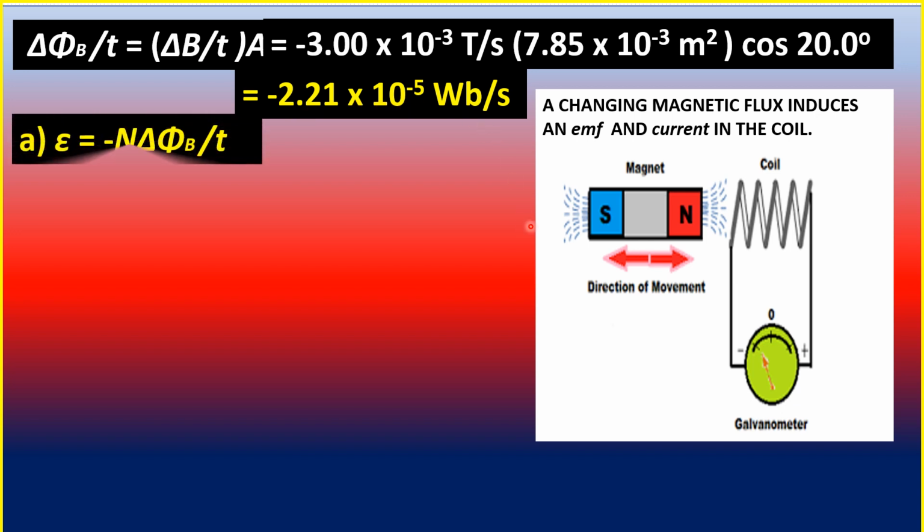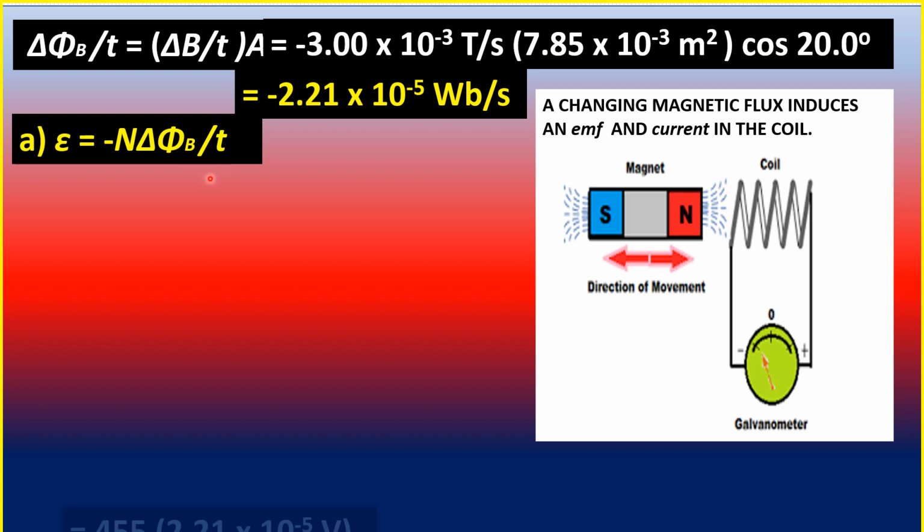So moving on now to question letter A, which is to find the induced EMF. Epsilon is equal to negative multiplied by the number of turns. The letter capital N represents the number of turns of the coil, of course, to be multiplied by delta phi over t, or the rate of change of the magnetic flux.